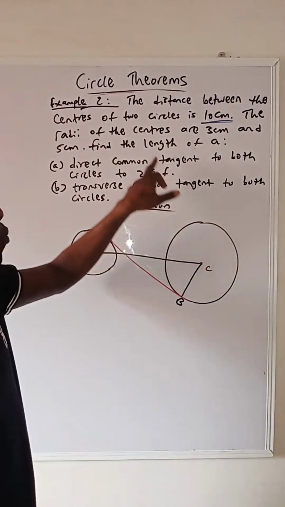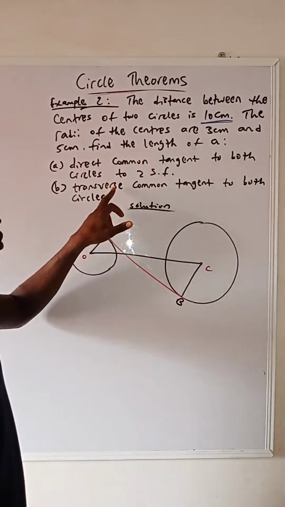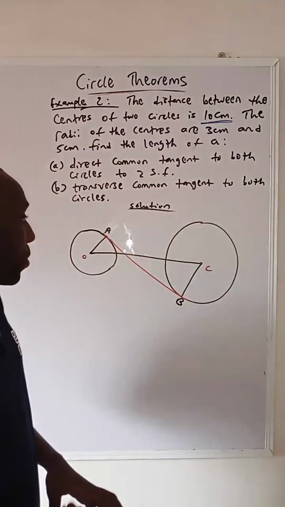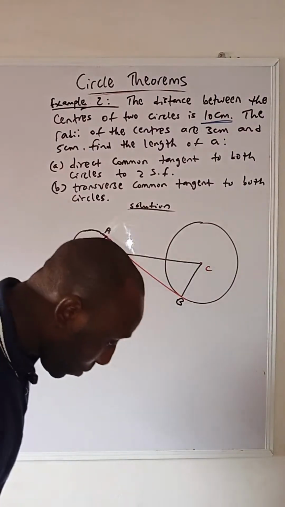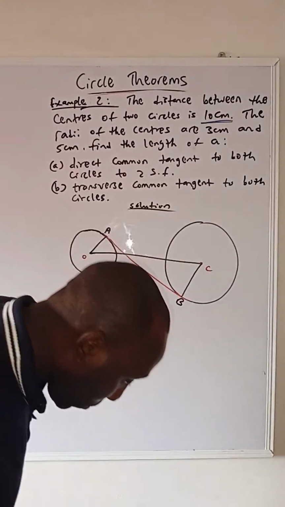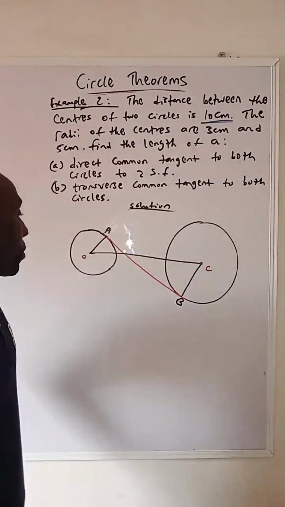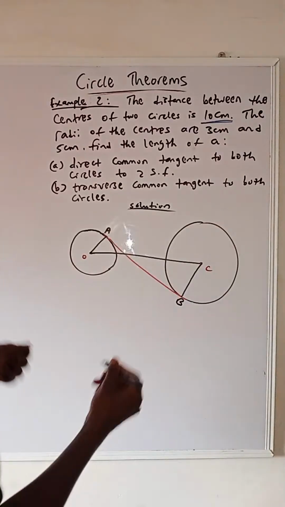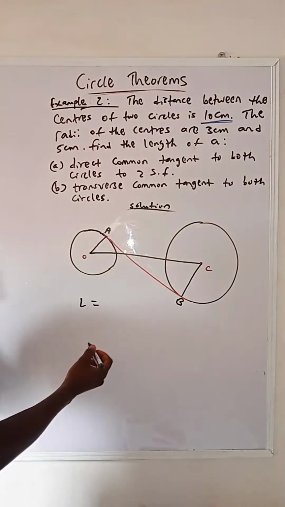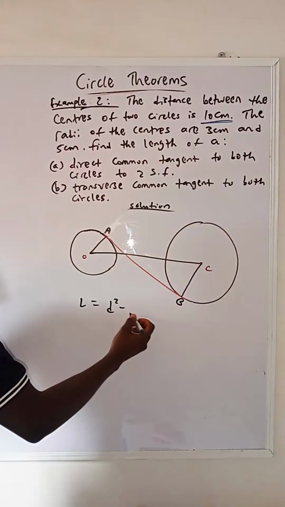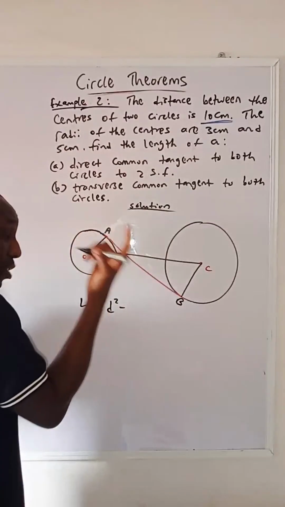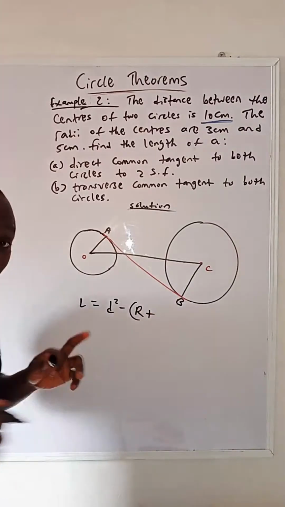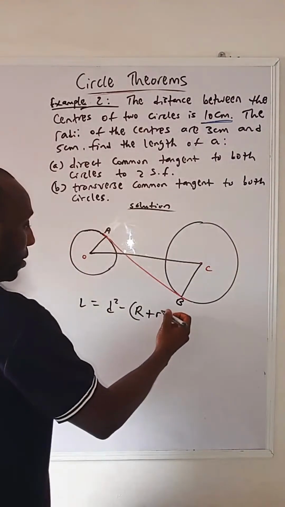Who's going to help us to do this? We want to get the length of the transverse common tangent to both circles. The formula again is what? The square root of D squared minus, this is transverse, so big R plus small r, all squared.